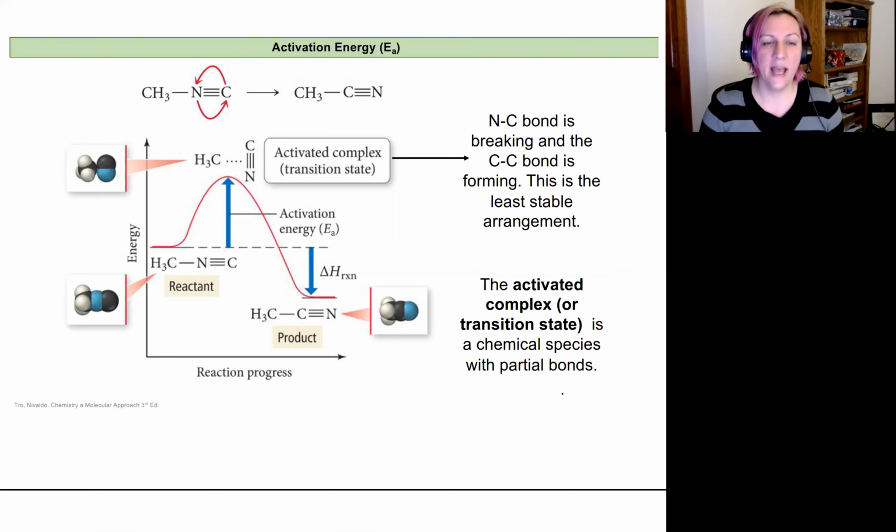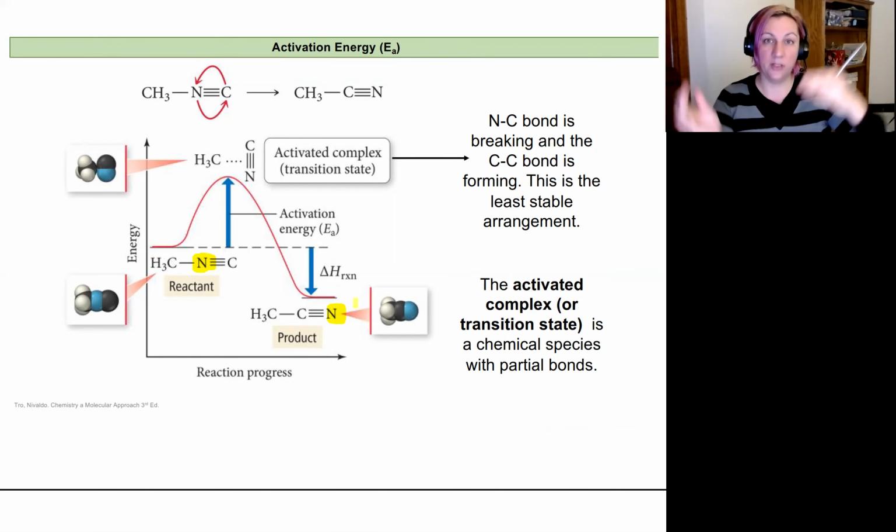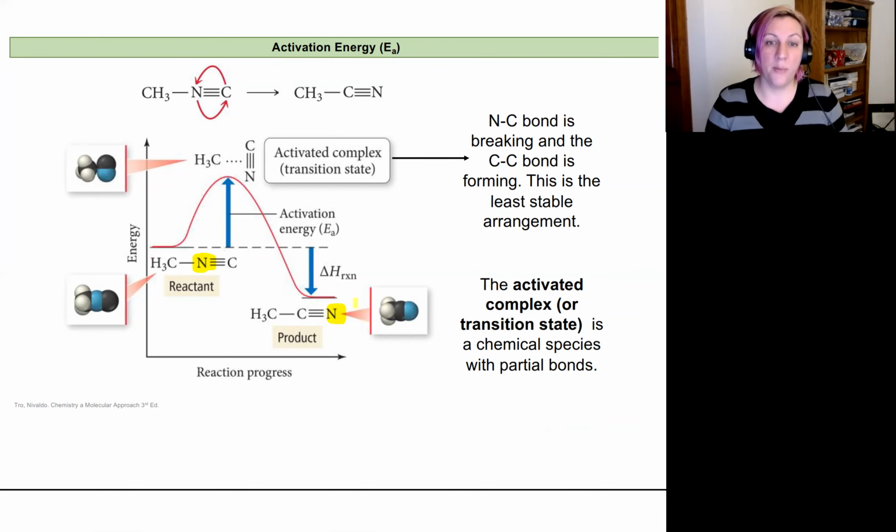So if we have a molecule that is going to undergo a transformation here, we have our nitrogen in the middle of this molecule right here, and then it's going to break that single bond and flip and form a bond between the two carbons instead. And so the activated complex or transition state, I personally prefer transition state, is going to be the least stable arrangement.